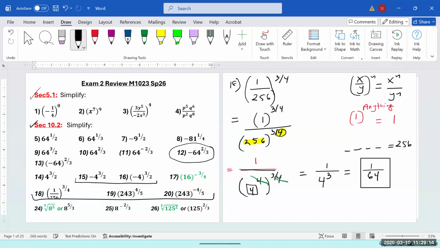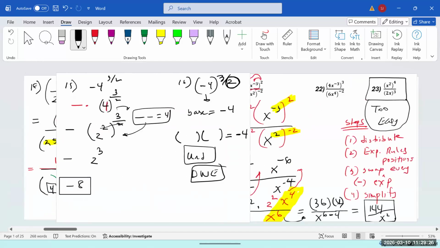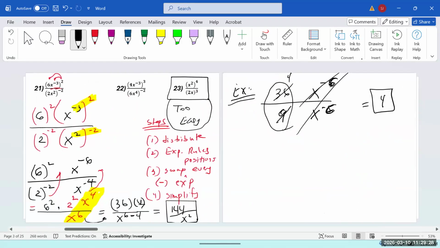A denominator with a negative base, and then fraction power. Sorry, negative fraction power. So negative 64 to the 2/3.